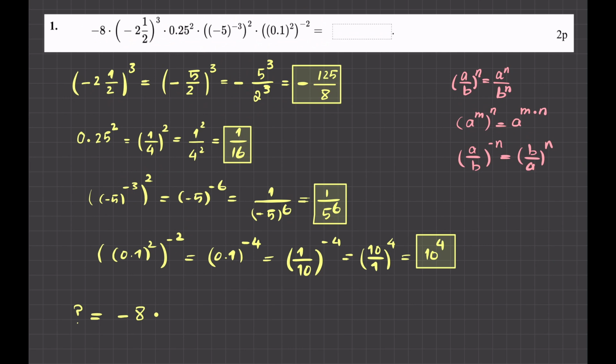Now I stopped there, but now that 5 to the power 6 appears, it becomes clear to me that it is not a good idea to write 5 to the power of 3 as 125. It is better to keep it like that. So I will write minus, and then instead of 125 I go one step backward, which was not easy to see from the beginning, but now I write it like this.